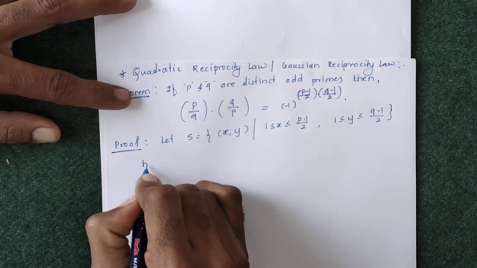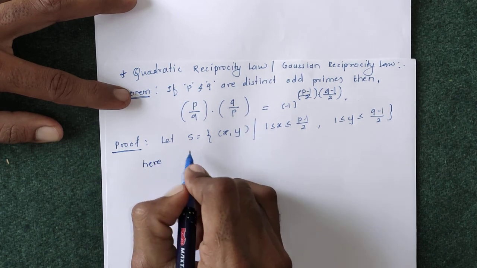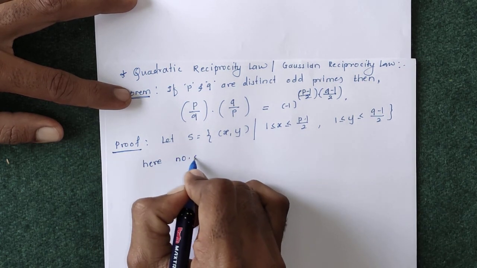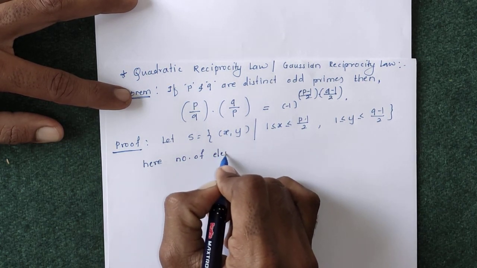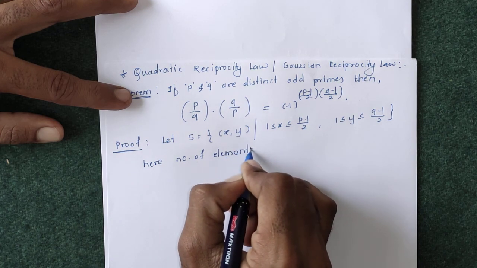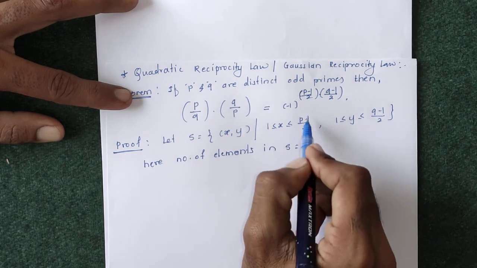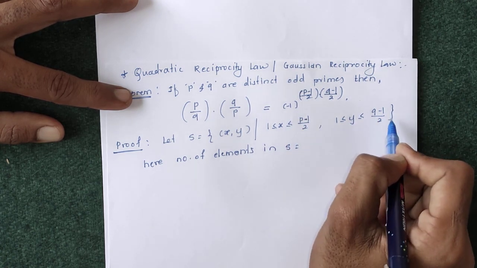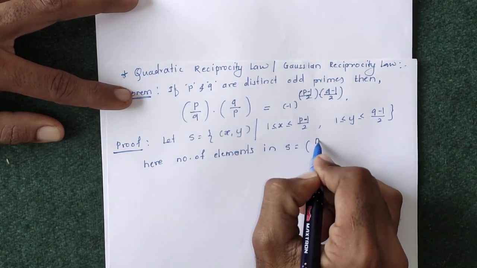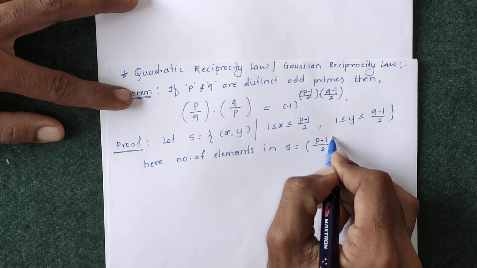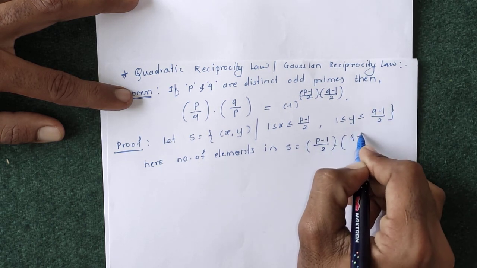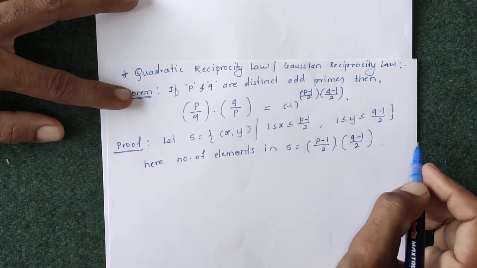So the number of elements in S is equal to (p minus 1)/2 into (q minus 1)/2.